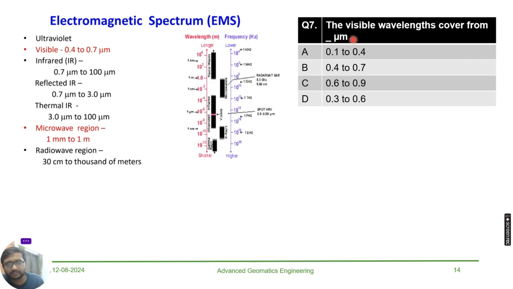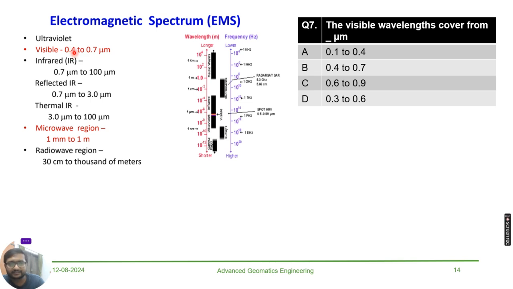Your answer is 0.4 to 0.7 micrometer. 0.4 to 0.5 is blue, 0.5 to 0.6 is green, and 0.6 to 0.7 is red. So RGB: 0.7 to 0.6 R, 0.6 to 0.5 G, and 0.5 to 0.4 B.